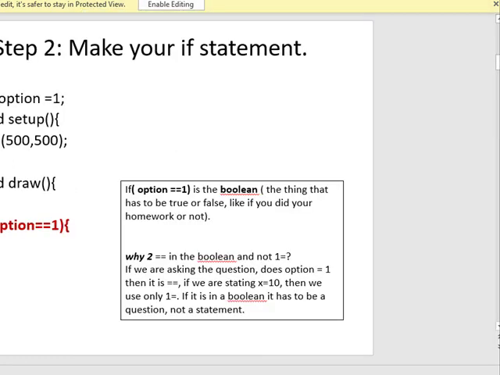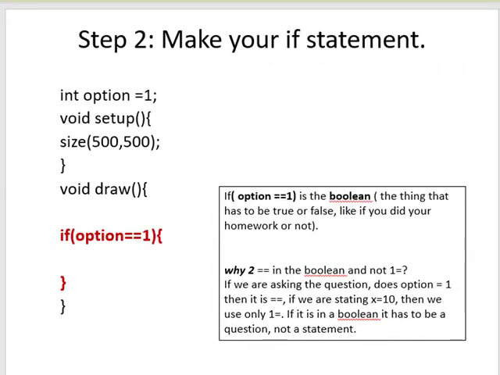Okay, so step 2 is I'm going to make my if statement. Now I'm going to write if, and in here in the parentheses, my Boolean statement, option equals 1. And then I have my open curly brackets, and this is where I'm going to put my code. This would be my code for my face. I want to point out, why do I have 2 equal signs here, but up here, it's 1 equal sign?